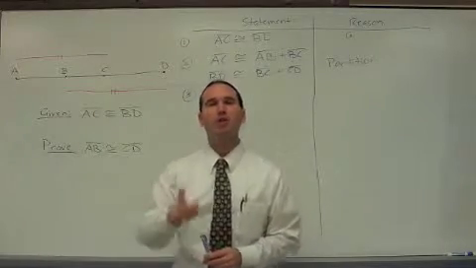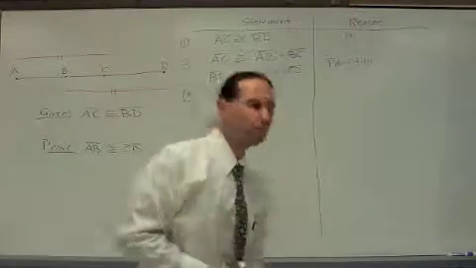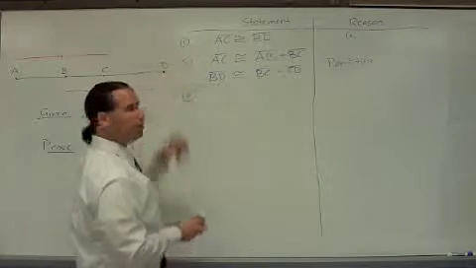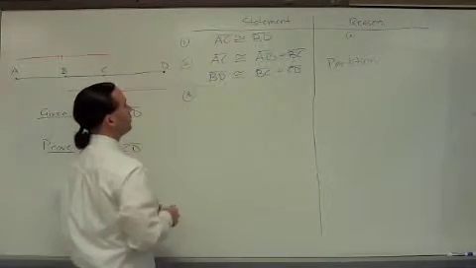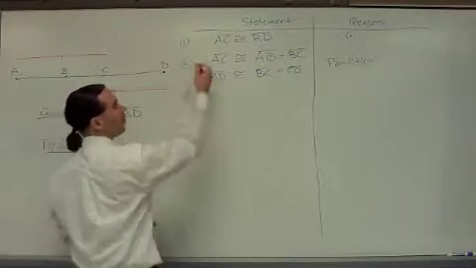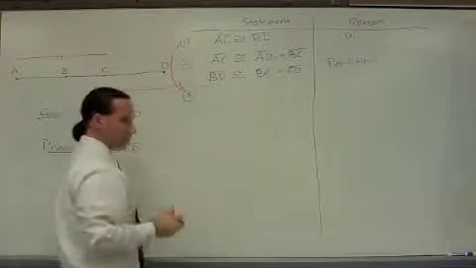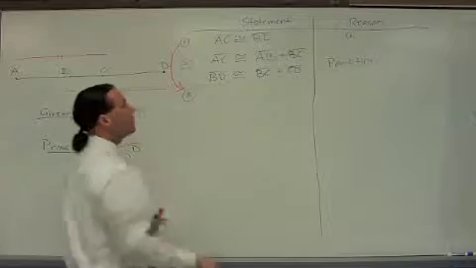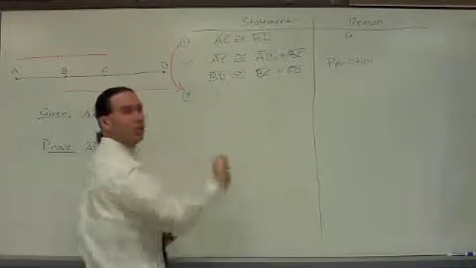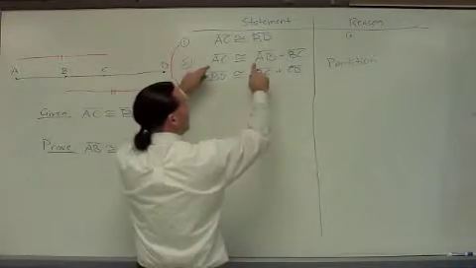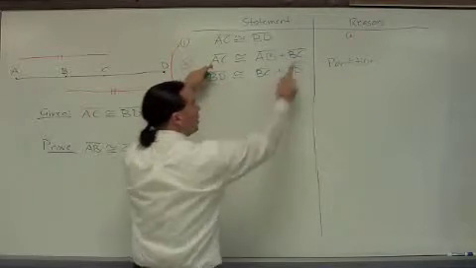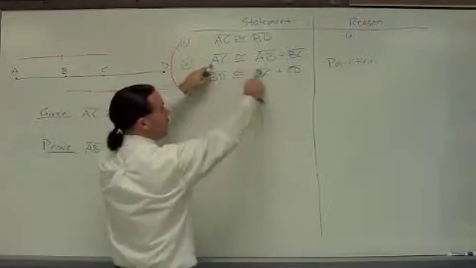We accomplish this by doing a quick substitution. We're going to take this step in 1, this first line, and we're going to rewrite it here in step 3. But this time, instead of writing AC, I'm going to substitute AB plus BC. I can do that because of this partition line.